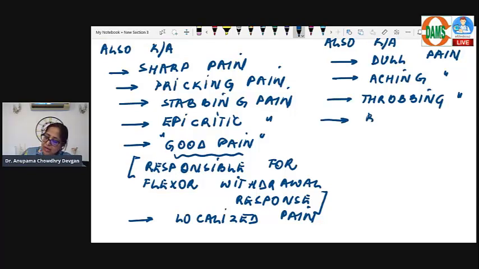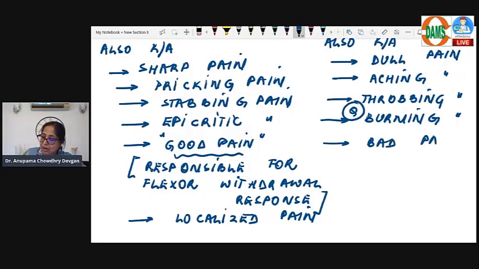This is also known as a burning pain. Has been asked as a neat question. Burning pain. This is also known as the bad pain. Why is it known as the bad pain?